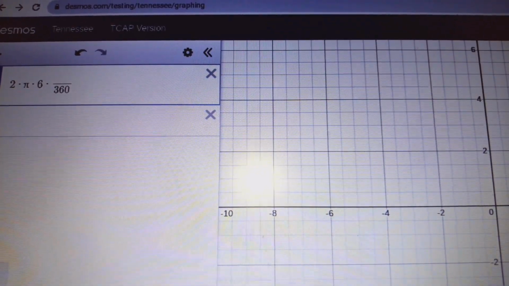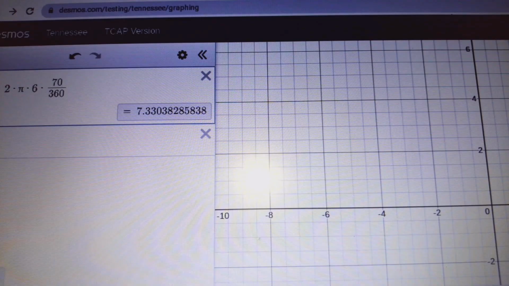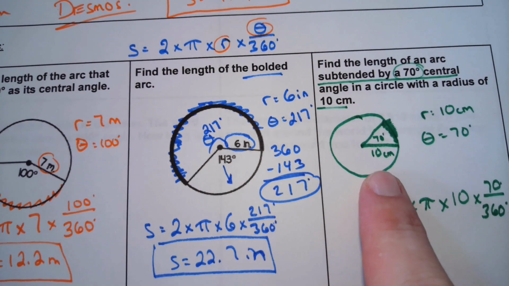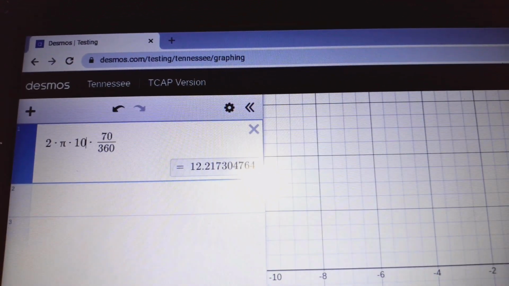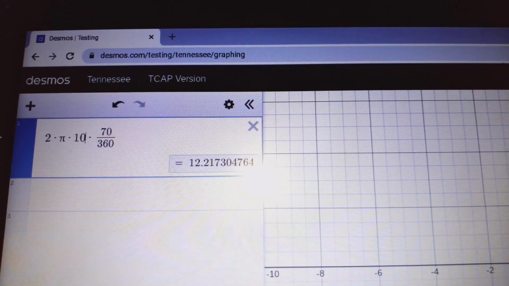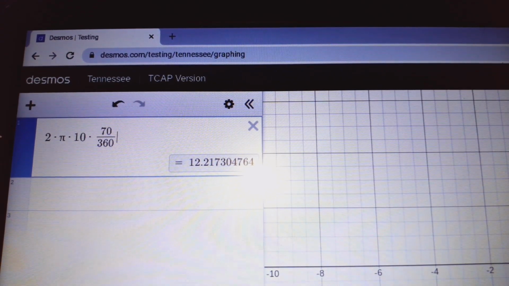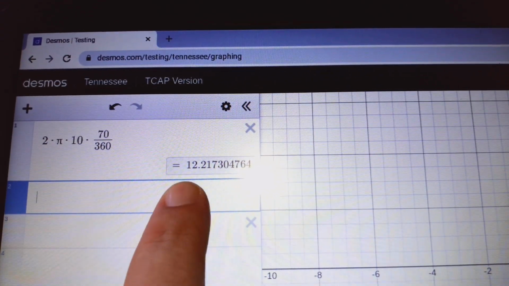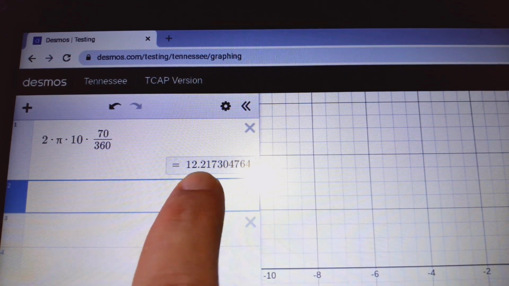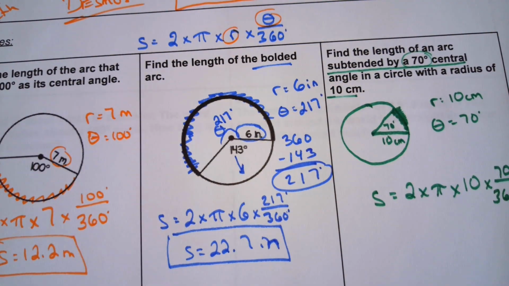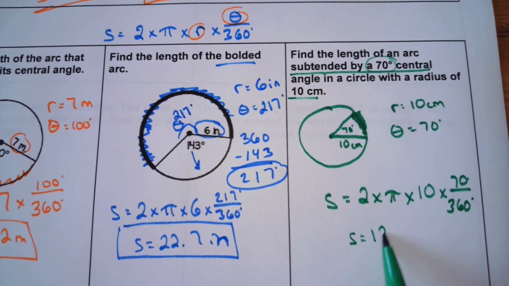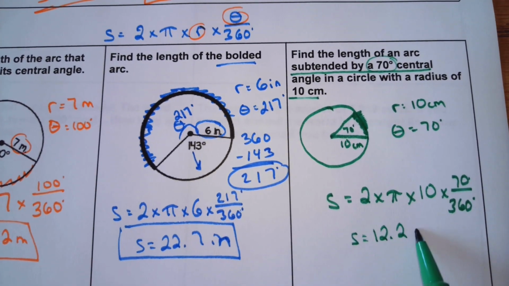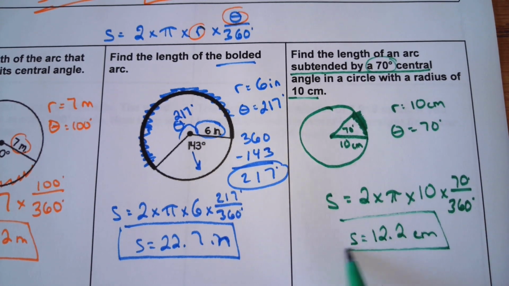I know this is going to be 70. And I know that my radius is now 10 centimeters. So I can get rid of this 6 and just type in 10. And that should do it. So once again, I get another 12.2. So my arc length is 12.2 centimeters.